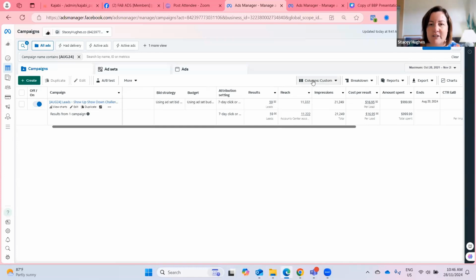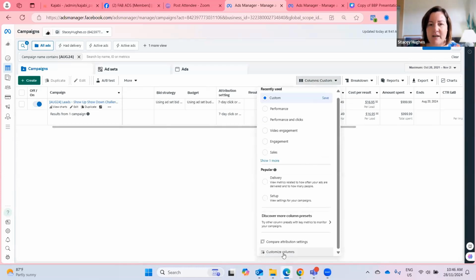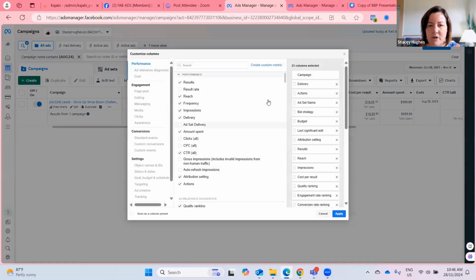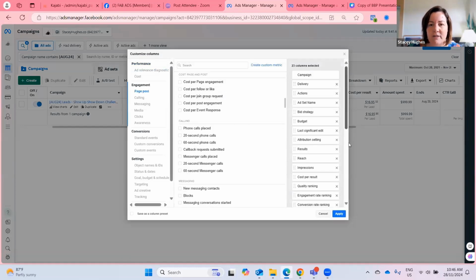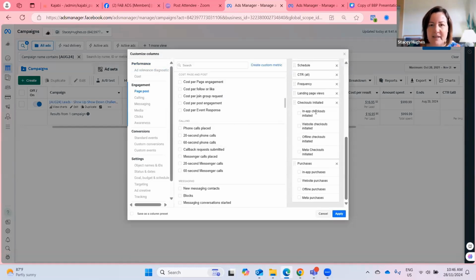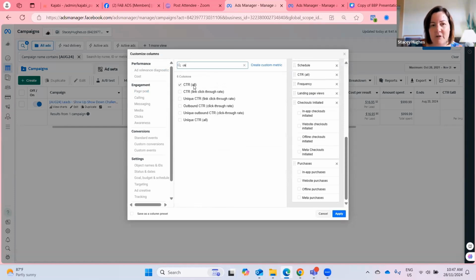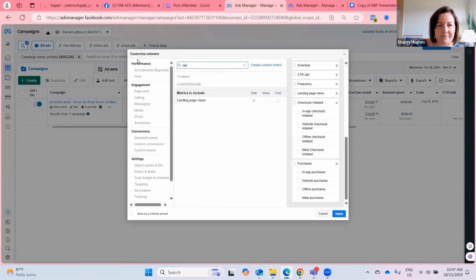So what we want to do is go into columns and we want to customize our columns. So the ones that I want to add in is the click-through rate. So all you do is just search here and type it in there, click-through rate, landing page views. You want to add that in, frequency, add that in.